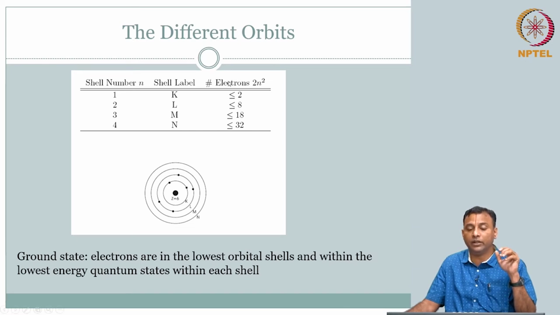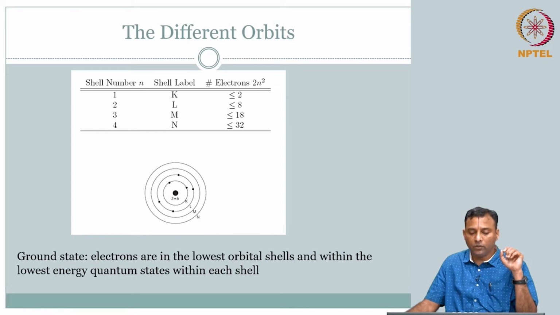So there is already a limit on the number of electrons that can be in a particular shell. The quantum states that the electrons can occupy are restricted. The K shell has a maximum of 2 electrons. This n is the shell number. As you go to outer orbits, more electrons can reside, and this is a distribution.